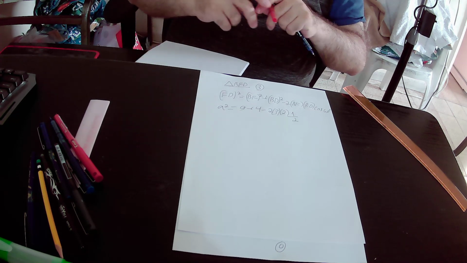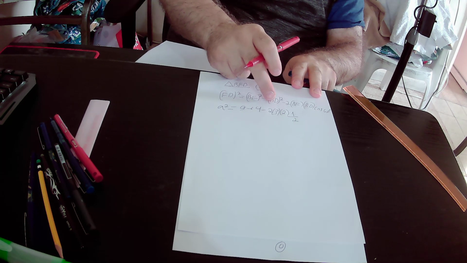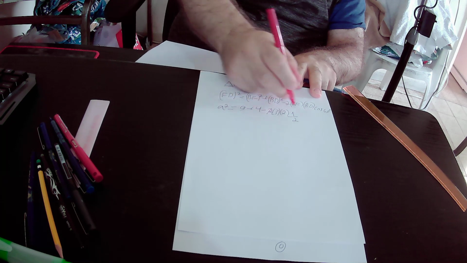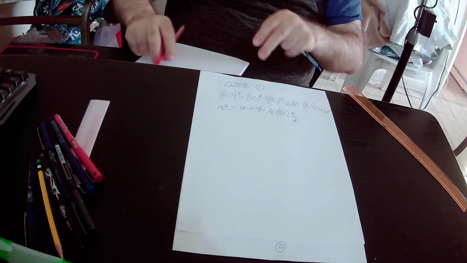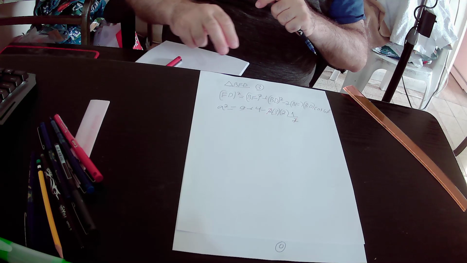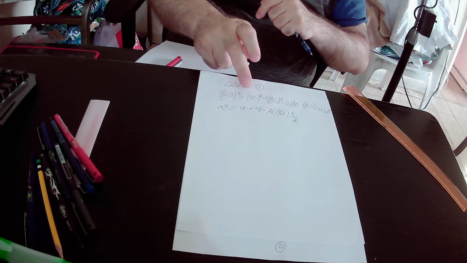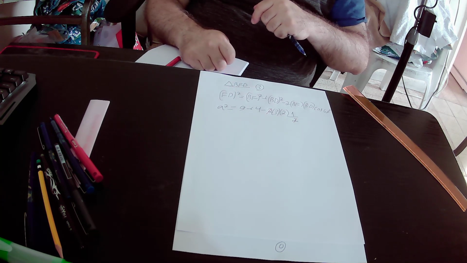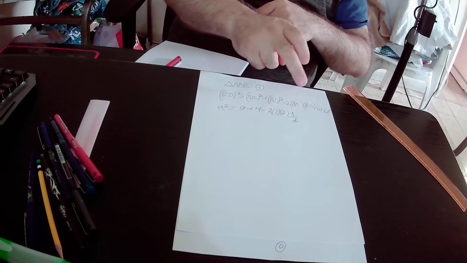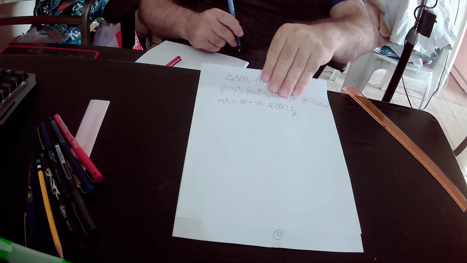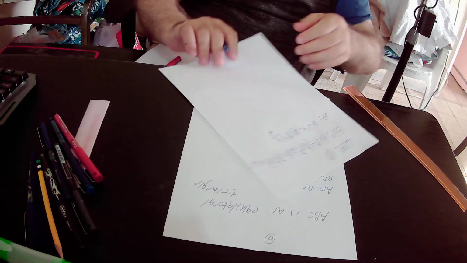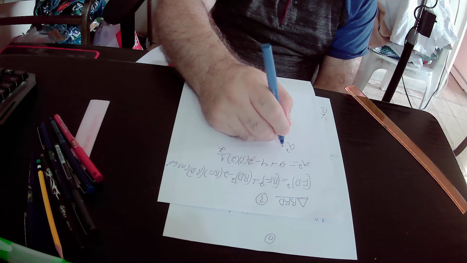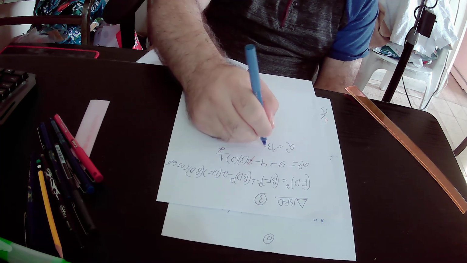Here we have 2 in the numerator and 2 in the denominator, so we can cancel the 2, and what is left is that A squared equals 9 plus 4 is 13, and 3 times 2 is 6. So in total we have A squared equals 13 minus 6.